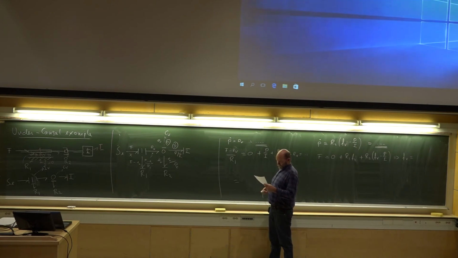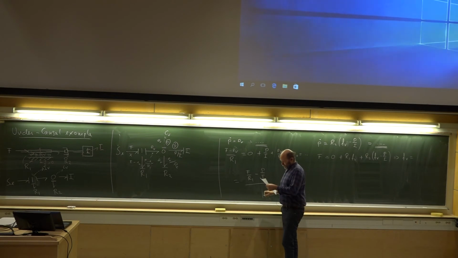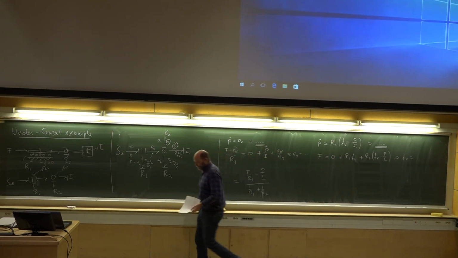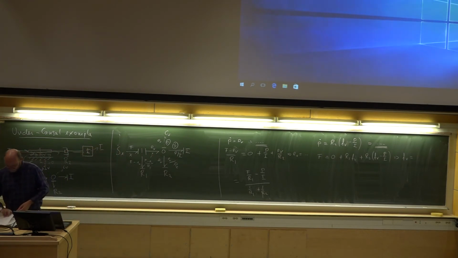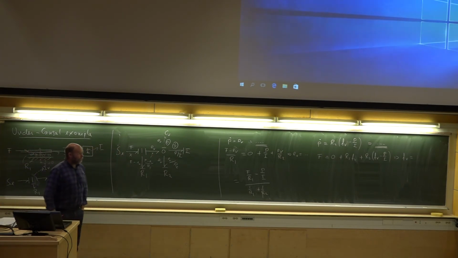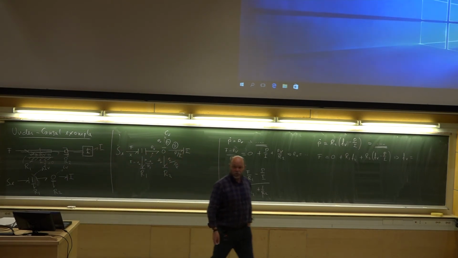It's F over R1 minus P over I, divided by 1 over R1 plus 1 over R2, something like that. So you can check it if you like. Any questions to that one?